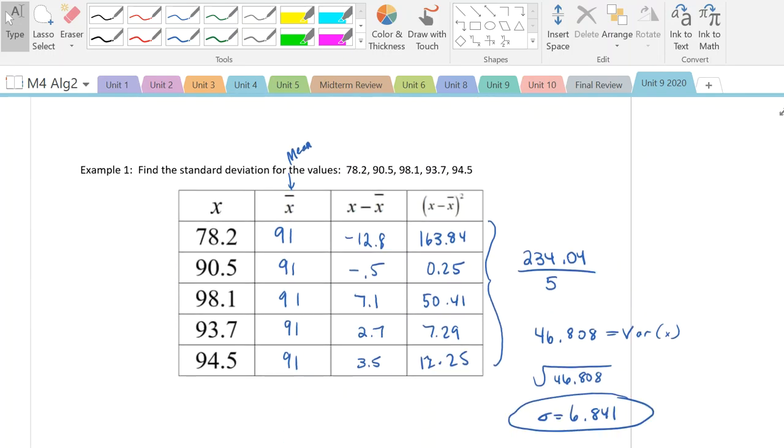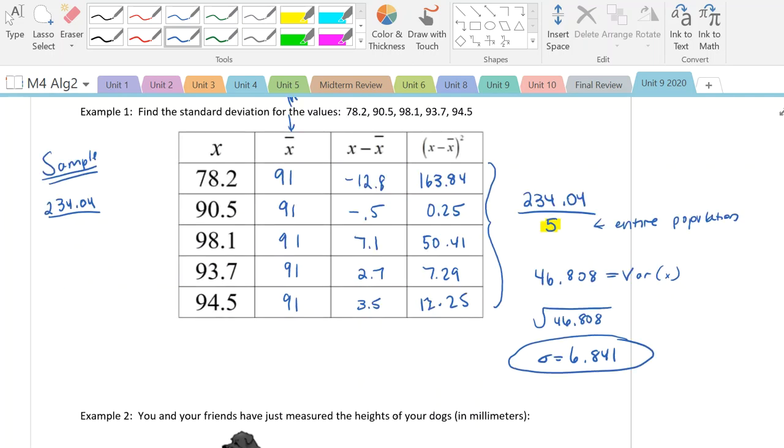Okay, so here, this was a 5 if it was the entire population. The difference here, if I knew it was a sample, is it would have been over n minus 1.